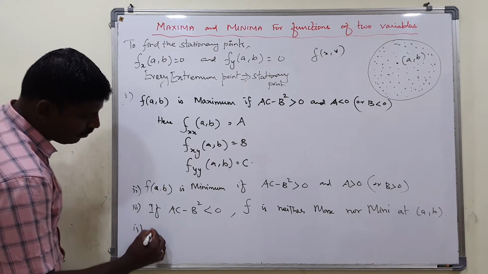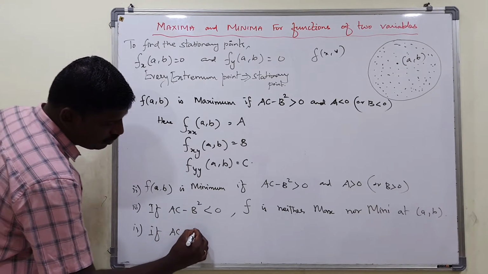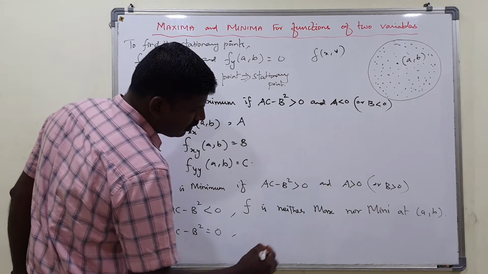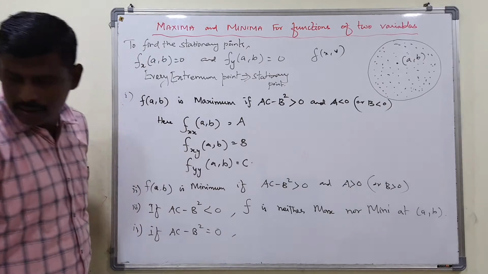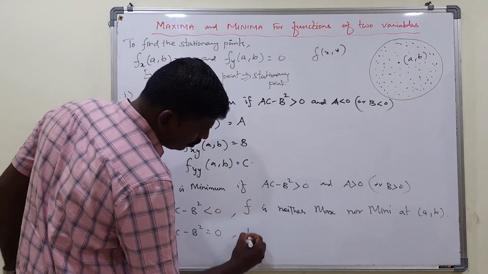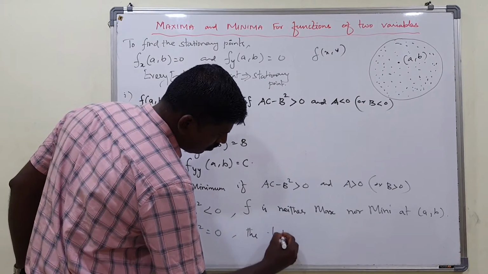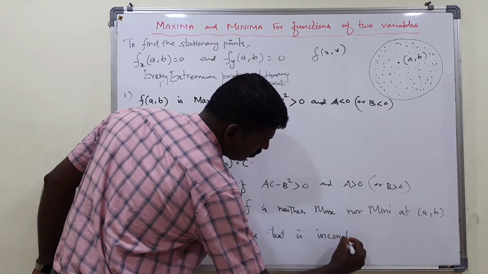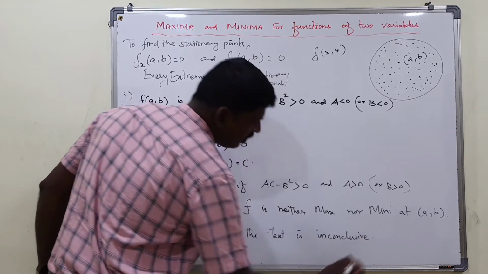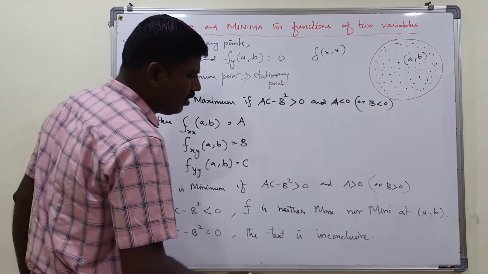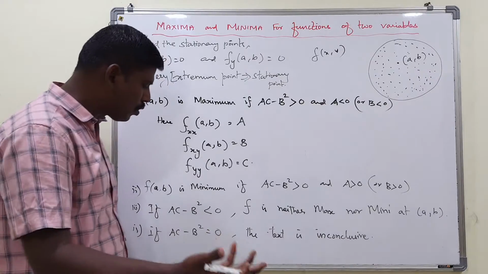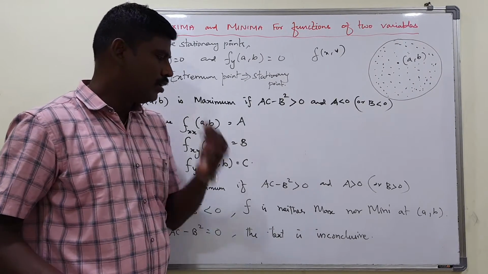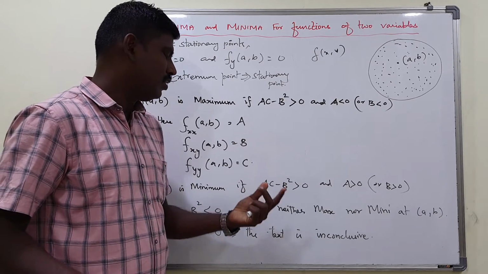The last one: if the value of AC minus b square is equal to 0, then the test is inconclusive. That means we can't get any conclusion if AC minus b square equals 0.